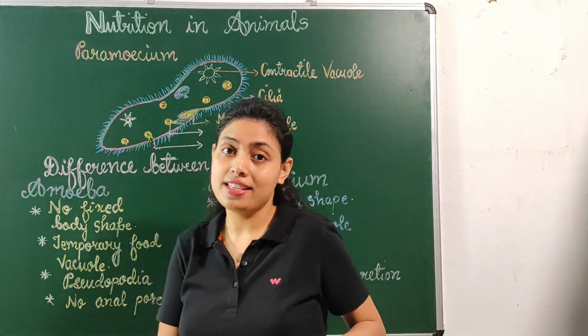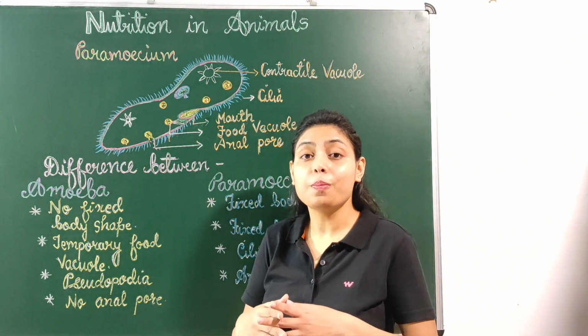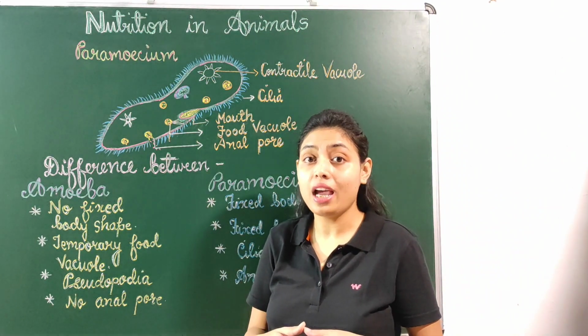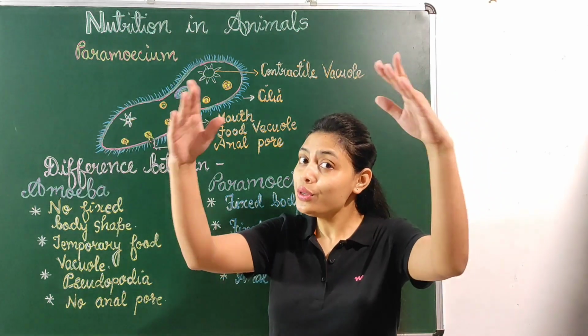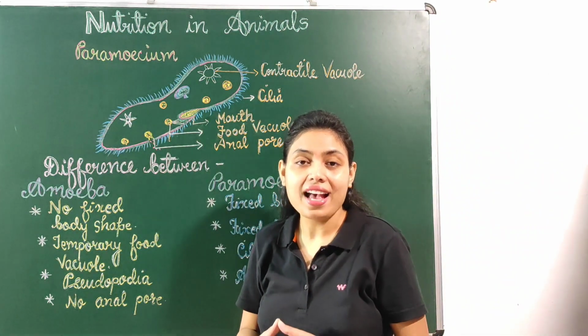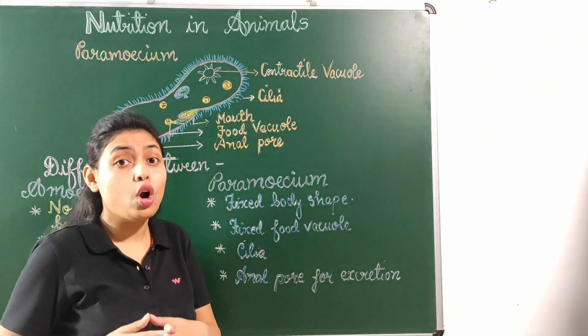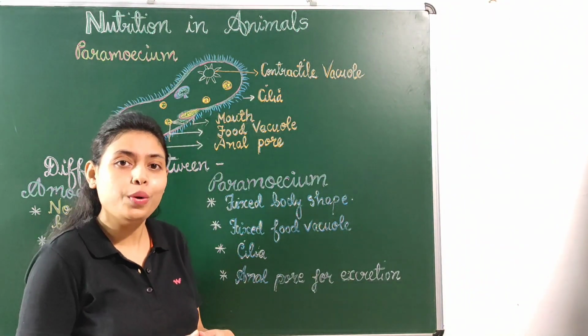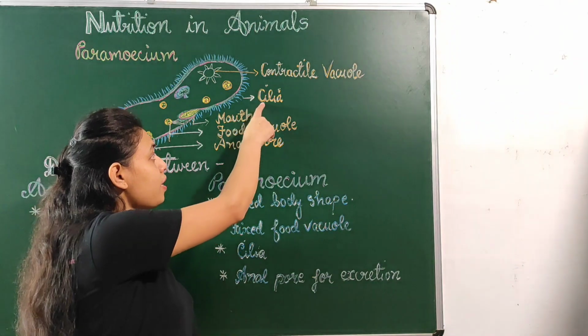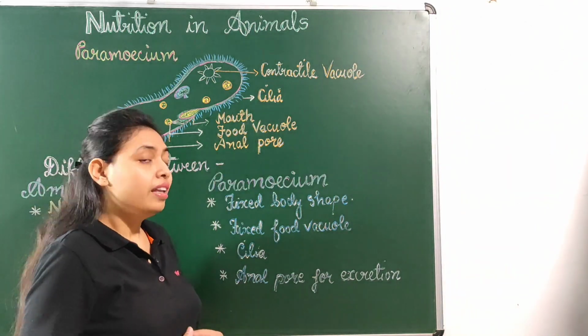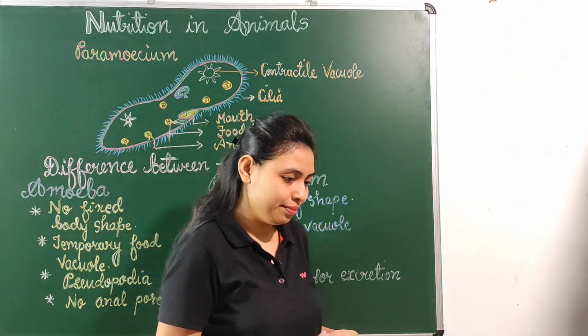The third difference is that to capture its prey, amoeba uses pseudopodia, whereas paramecium uses tiny hair-like structures called cilia to capture its prey. These are called cilia. Now the last difference.